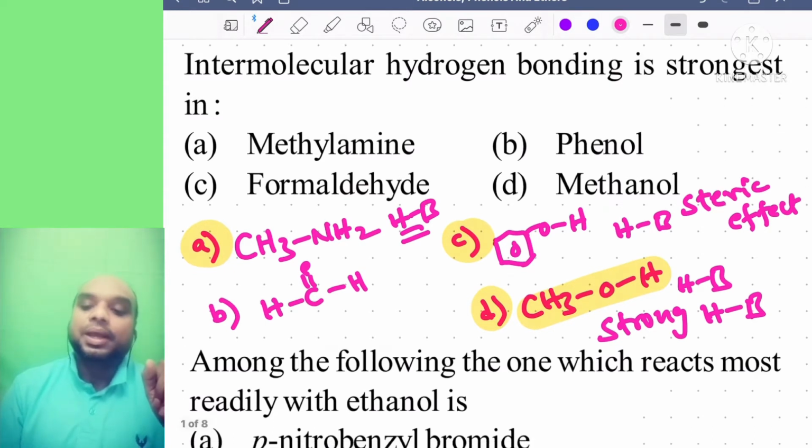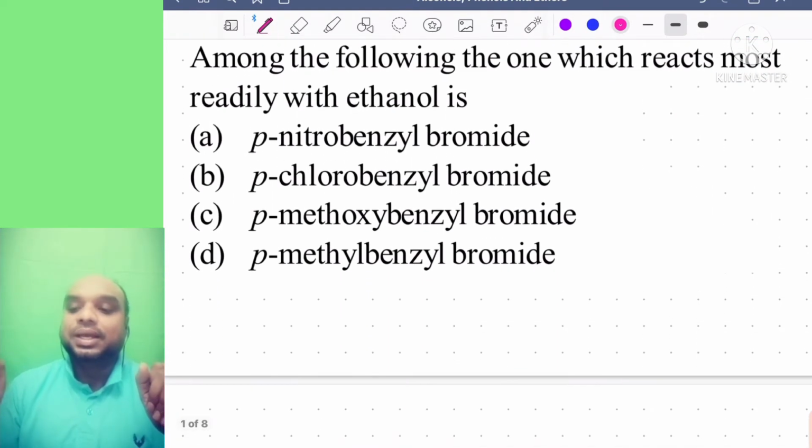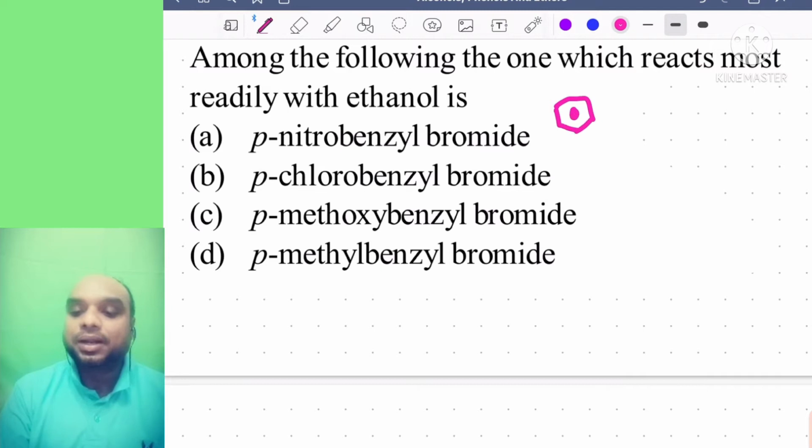Next question: among the following, which reacts most readily with ethanol? Let's see the given substances. A is para-nitrobenzyl bromide, CH2Br.